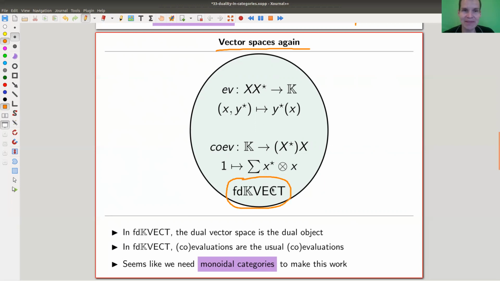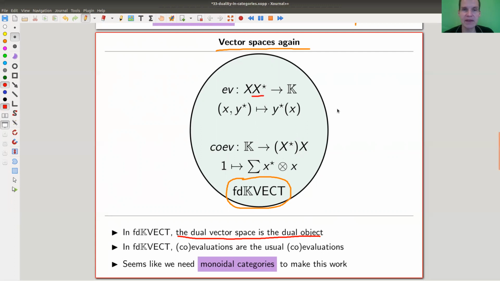And in vector spaces, well, strictly speaking, finite dimensional vector spaces, I will elaborate on that in a second. Of course, everything has a dual object. Maybe I shouldn't say of course, but there's a dual vector space, which is a dual object. And the evaluation and co-evaluation maps are the usual ones. Maybe the evaluation is a little bit easier to think about. What is a dual vector space?